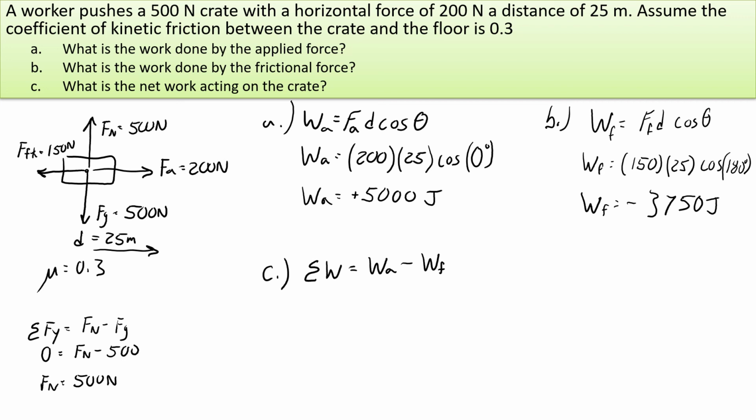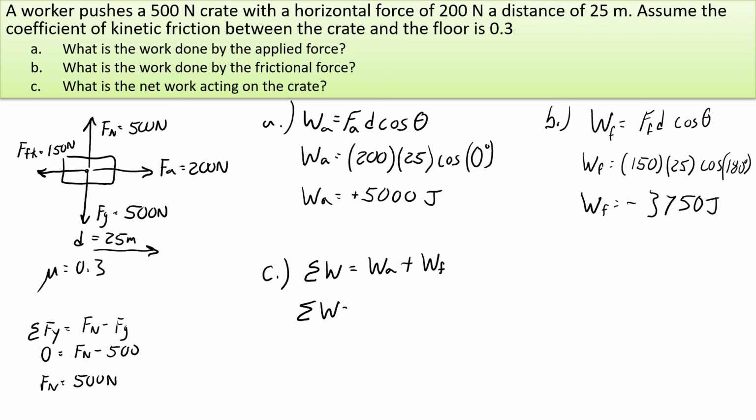If you want, you could go back to the basics and say, okay, this is the net work being done. Let's just add these two together because it's the total work. You sum all the work together. And then when you plug in your numbers, we'll plug in the positive and negative numbers that the cosine told us to plug in. So that's just a different way to write out that formula.